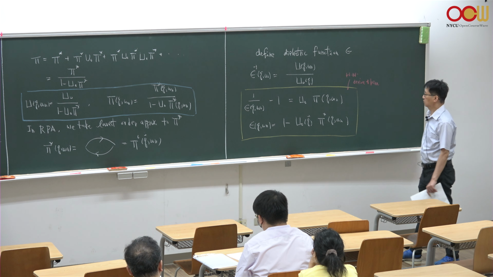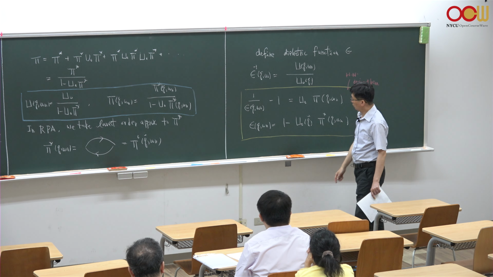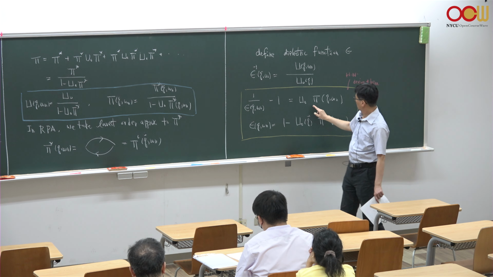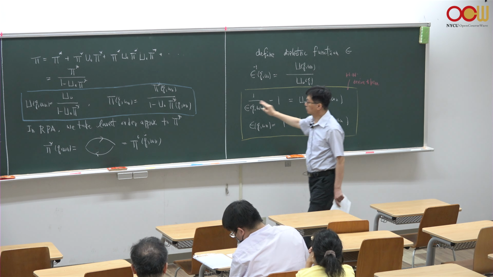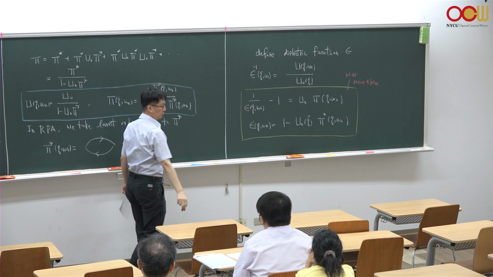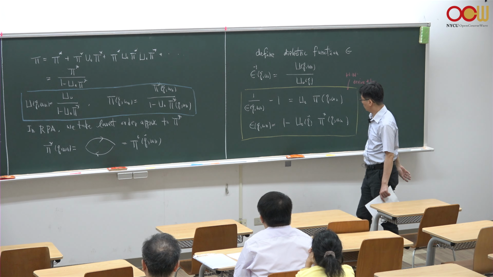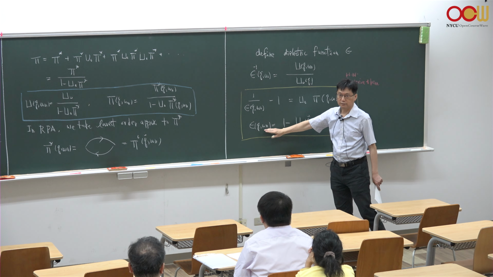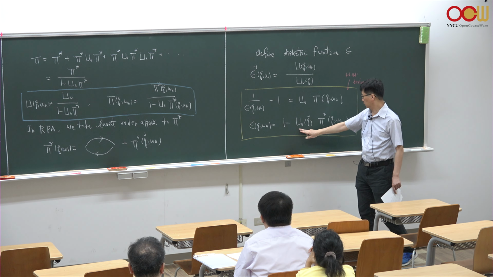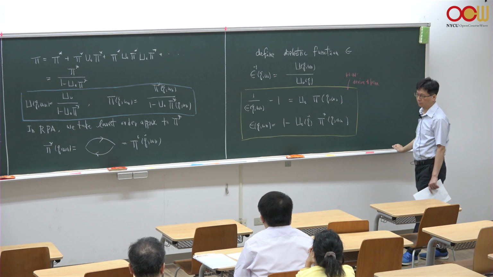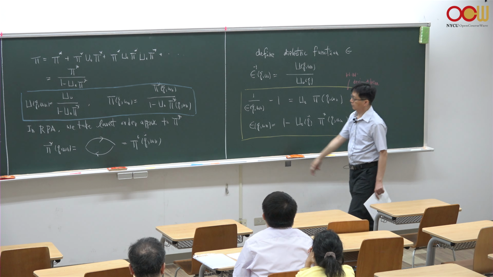Now you could use that Dyson-type relation to show that 1 over epsilon minus 1 is given by U0 times pi. And remember, pi is given by this geometric sum of pi star. Then you could rewrite this equation to get this second line, which says that epsilon is given by 1 minus U0 times pi star. So these two lines are really straightforward consequences of these two relations.